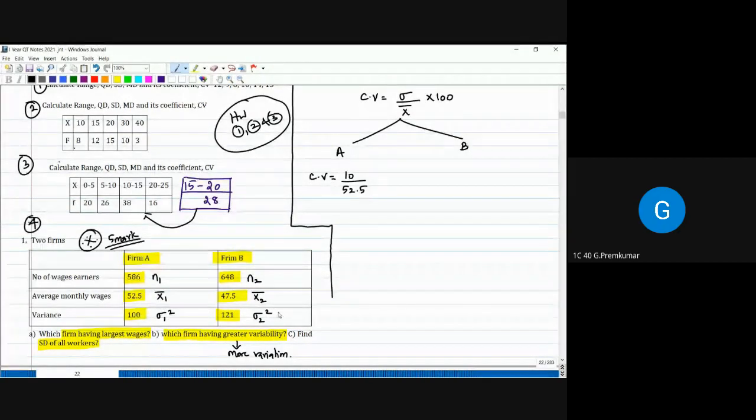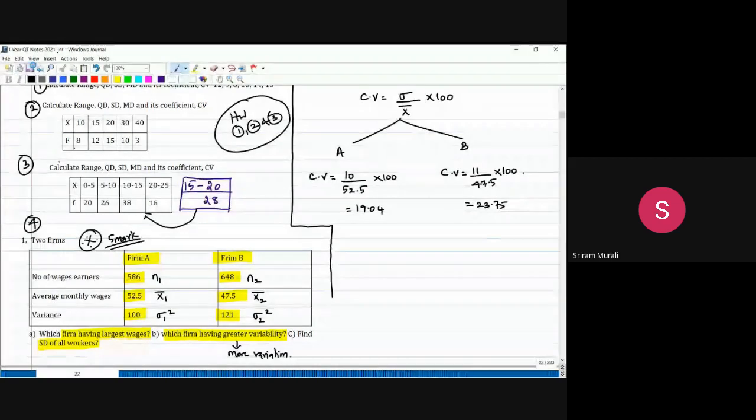So average 52.5, square root of 100 will be 10. இது variance, SD will be 10. அதே மாதிரி இங்க CV will be equal to 11 by 47.5 into 100. If I simplify, I get 19.04. Here I get 23.75.